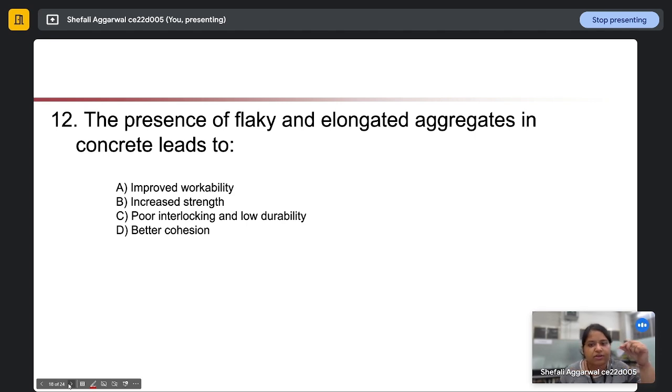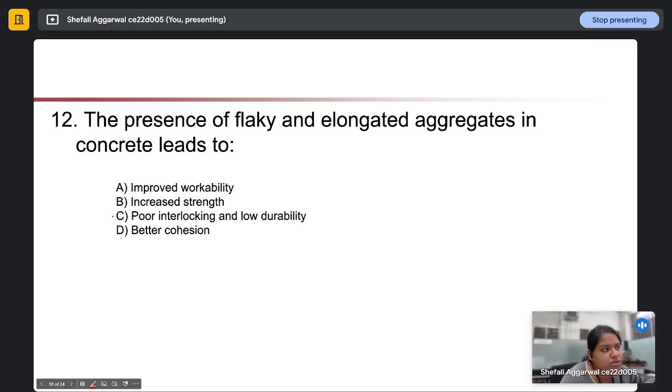If we are using very thin aggregates, whenever load is applied, there are chances that the aggregates will break down. And elongated aggregates, if they are kept at a certain angle, there are chances that they will create a gap or hole inside the concrete system where there is no mix, a pore or gap is formed inside the concrete.